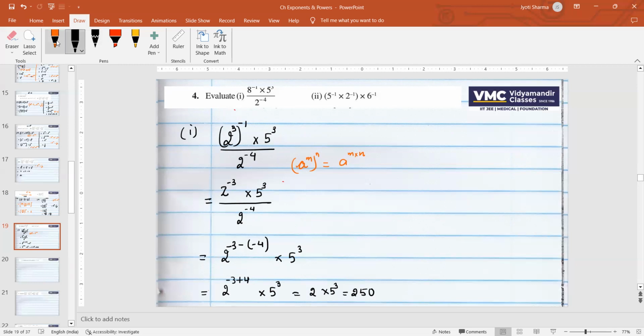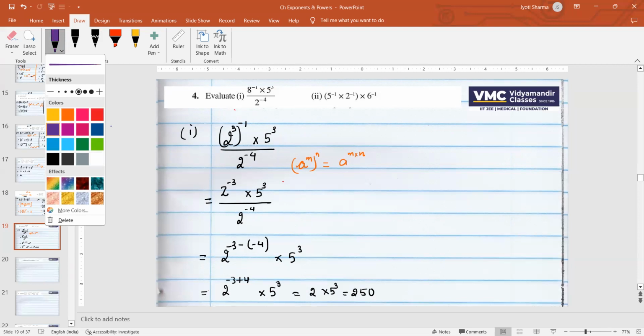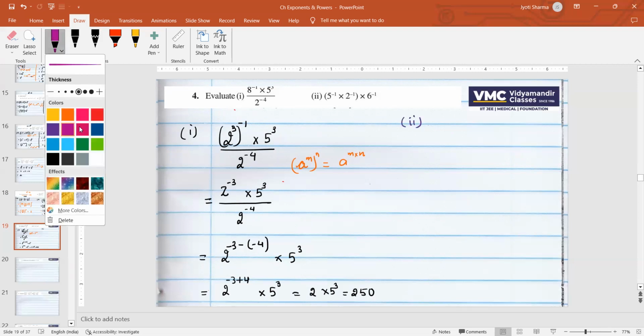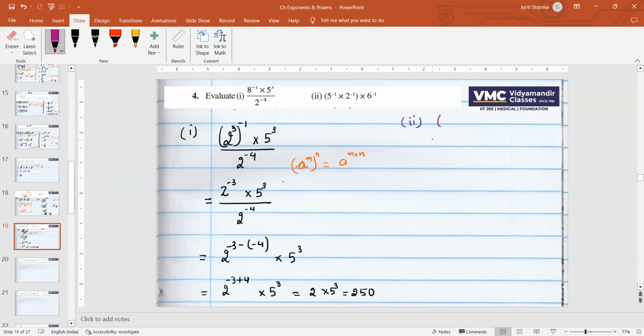Next one which I am supposed to do is the second part here, which is 5 raised to the power minus 1. All are having the power minus 1. We can keep them in one power by using this law.